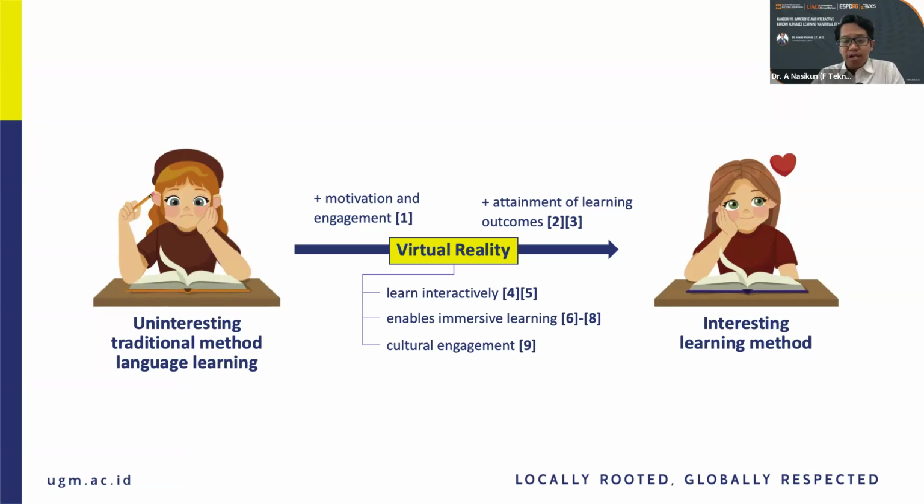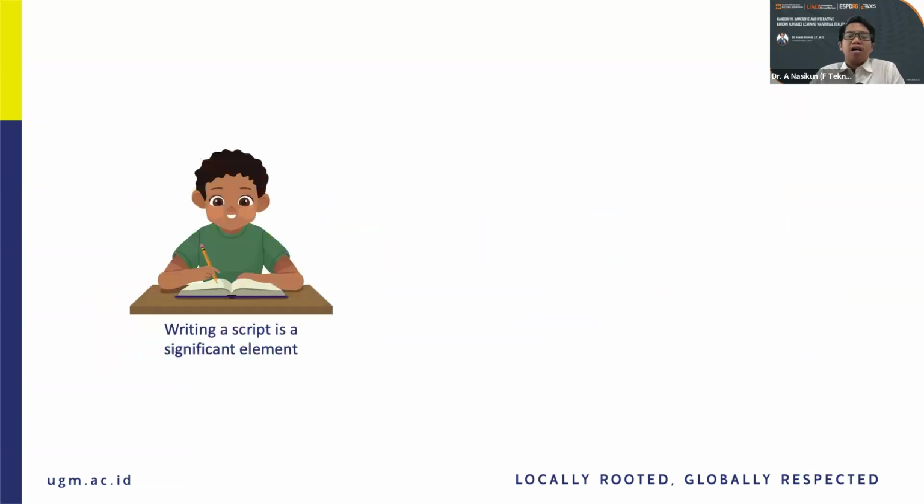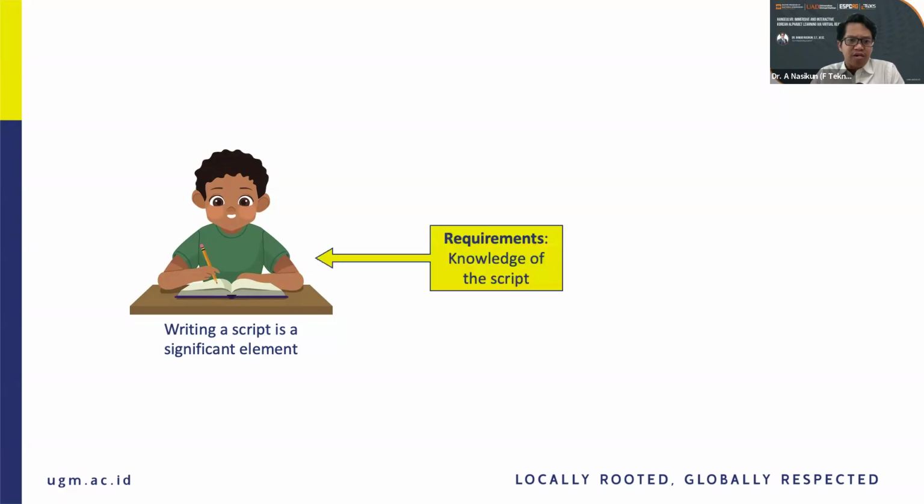And this is highly important when students are learning a language that requires a particular script, for example, Chinese, Arabic, and Korean. This kind of language requires them to learn the basic script first before they are learning the language itself.